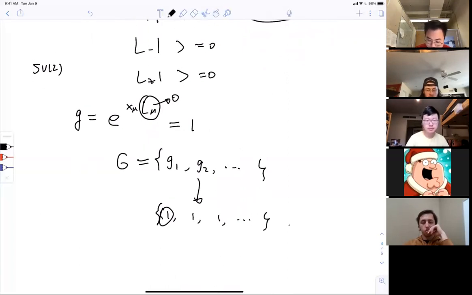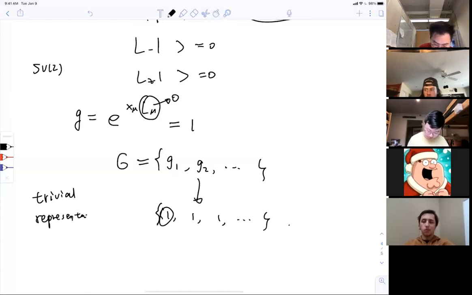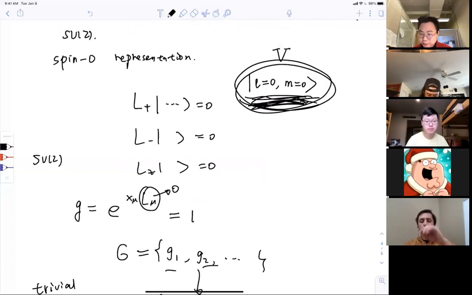And there's a special name for this representation. It's called the trivial representation, because we just naively map all the elements to identity. Yeah. And the vector living in this vector space is called a scalar, because it's invariant under this rotation, right?